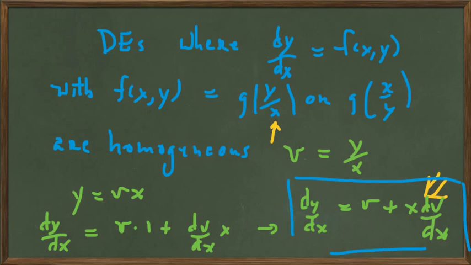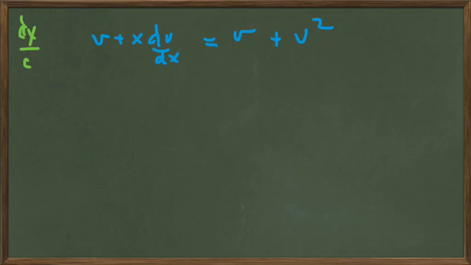So we're able to cancel out the v on the left and the right side, and that gives us a separable equation where we're going to put v on the left side and x on the right side. So let's set it up that way. First we cancel the v, and then we separate the variables.